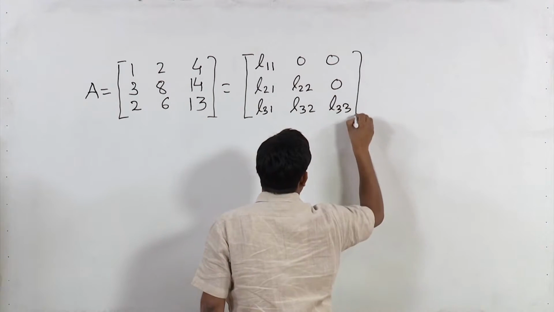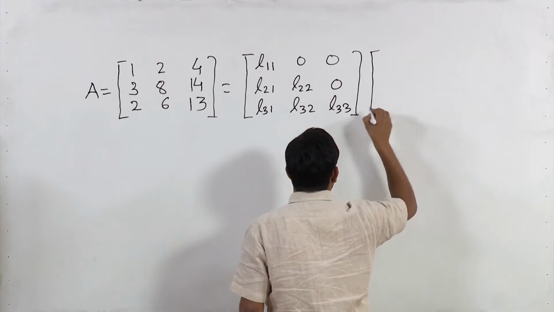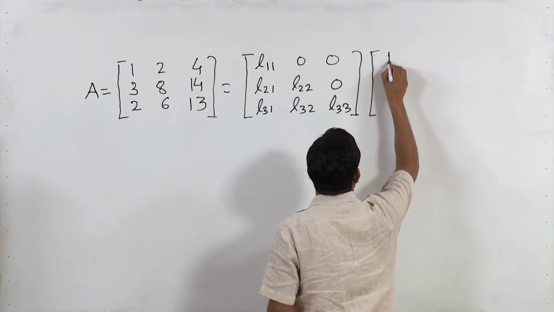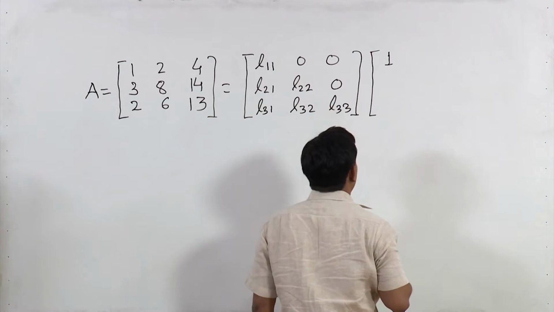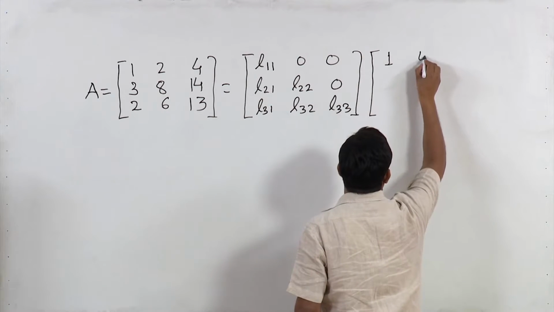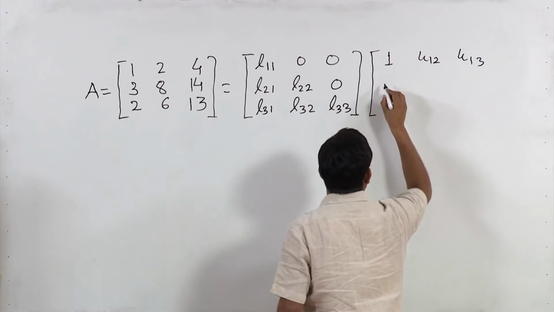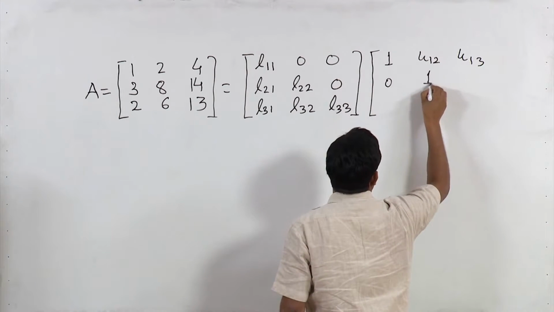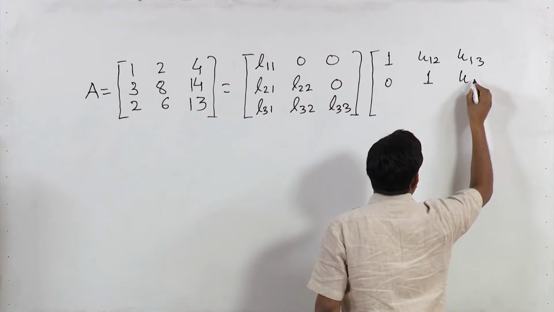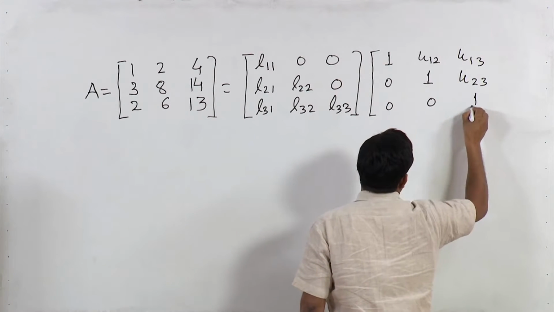So this is the lower triangular matrix L, into an upper triangular matrix U. Here I am taking the main diagonal elements of U as 1. So 1, U12, U13; 0, 1, U23; 0, 0, 1.